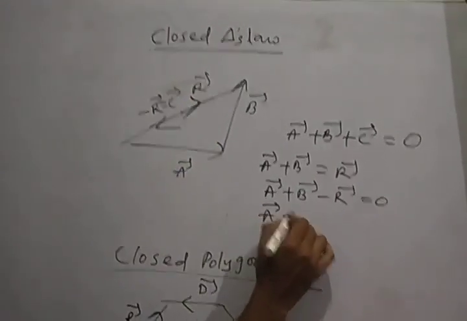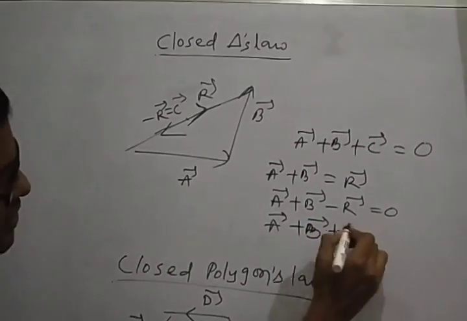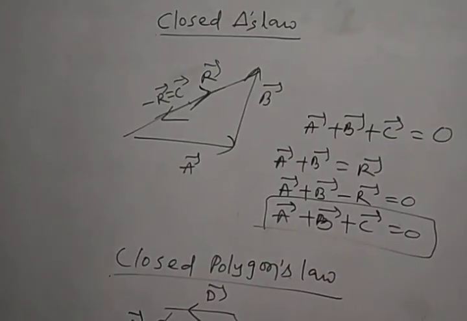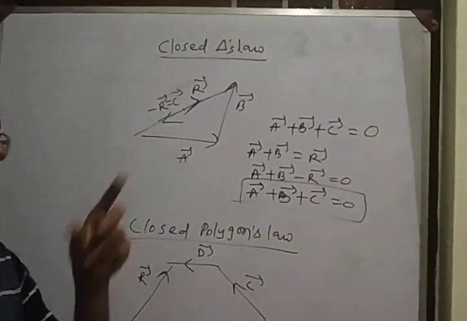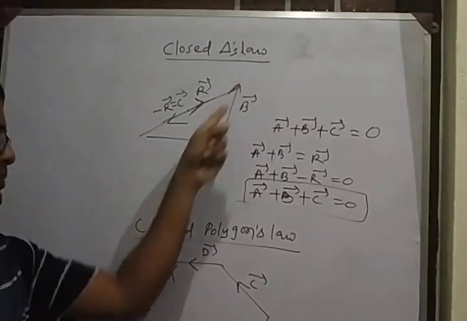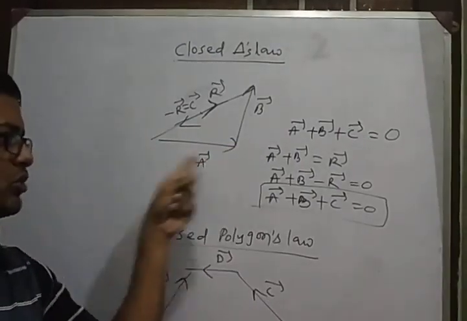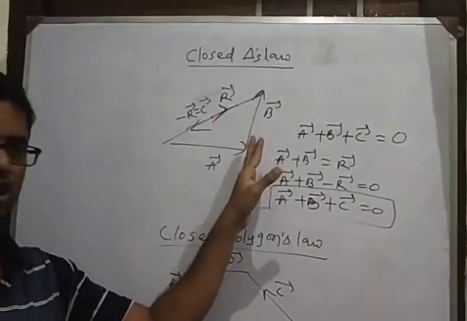So A vector plus B vector plus C vector will be 0. So the body is in equilibrium. If three forces are acting on a body, and all the three forces are represented by three sides of a triangle, all taken in the same order, then the net force on the body will be 0. This is the closed triangle law.